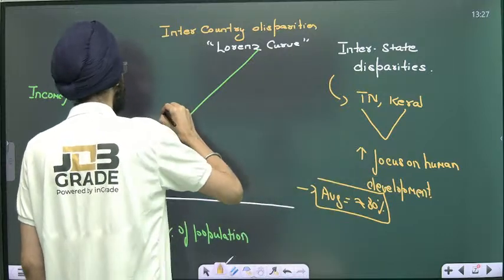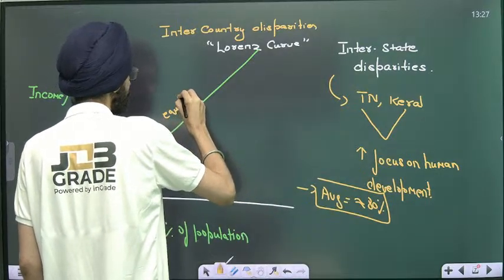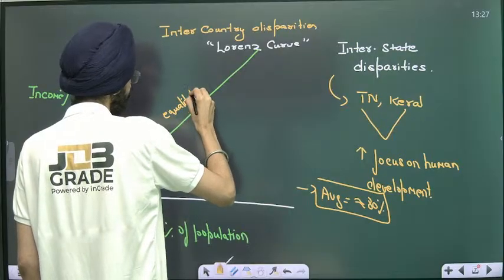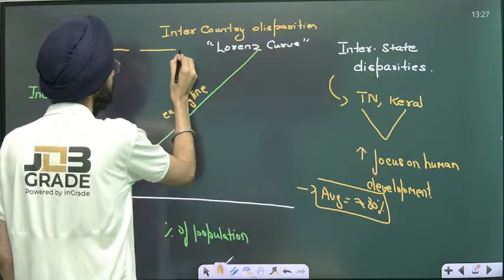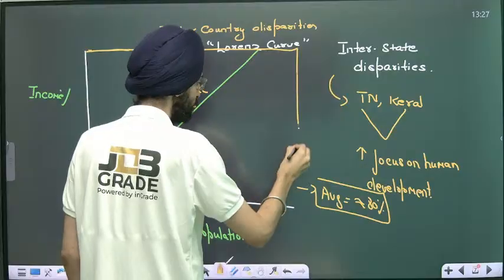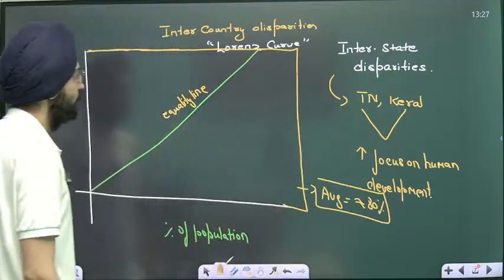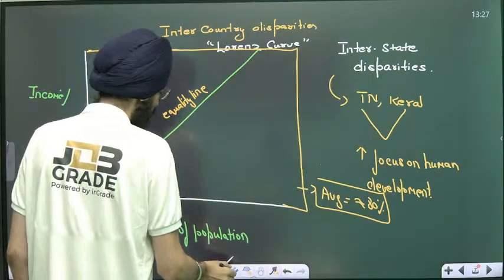This is called the equality line. I've just closed this square out there.